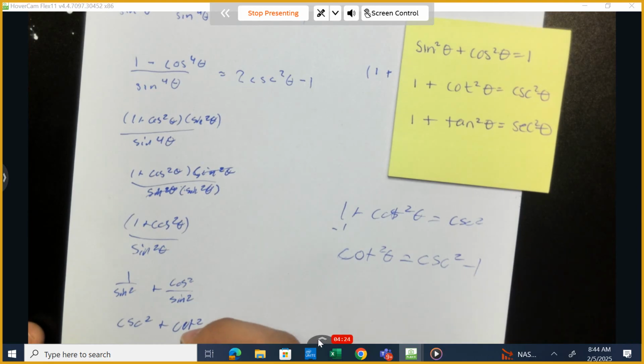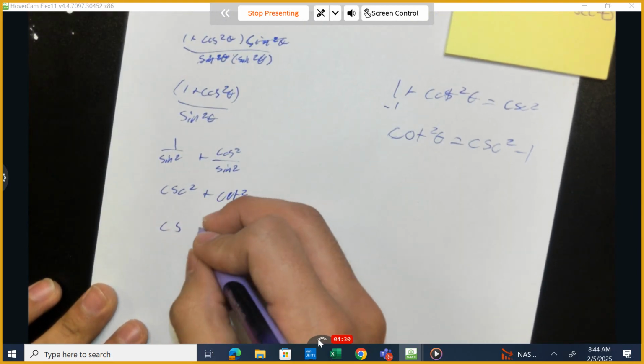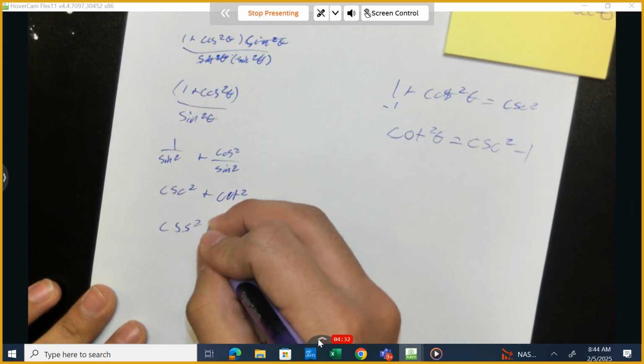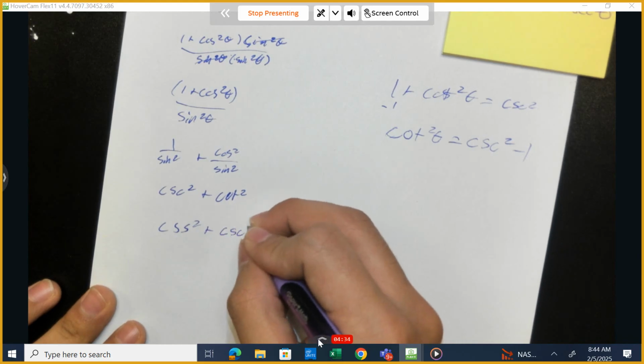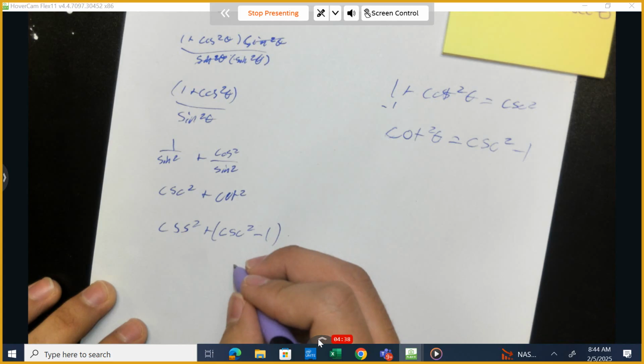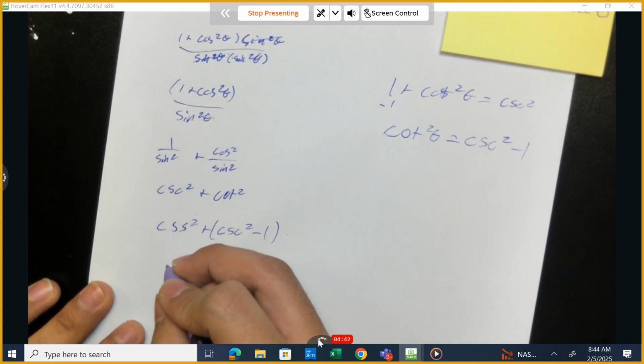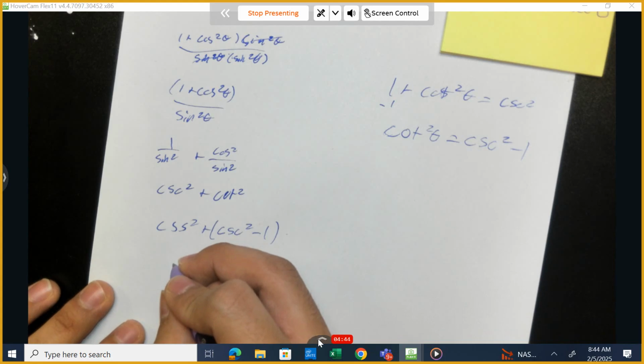We can replace cotangent squared with cosecant squared minus 1. So now we're taking out that cotangent and replacing it with cosecant squared minus 1. And from there we can add these two together since they have the same bases, right? Keep going.